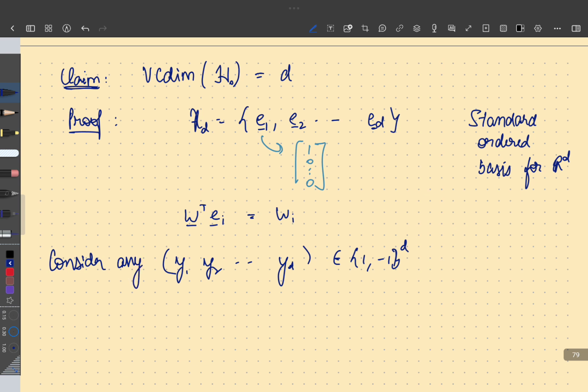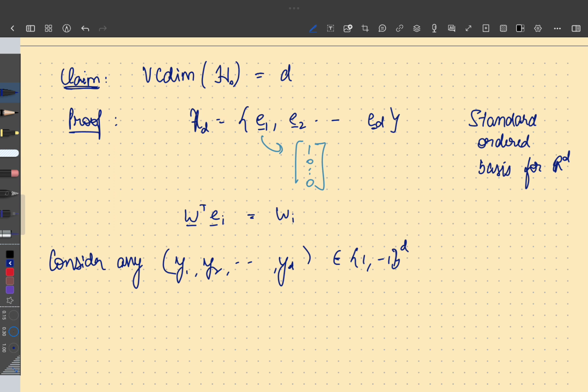So basically what we want to show is that no matter how you choose your labeling configuration, Y1 through YD, there is some W which generates this configuration for the set X. So how would you choose W?